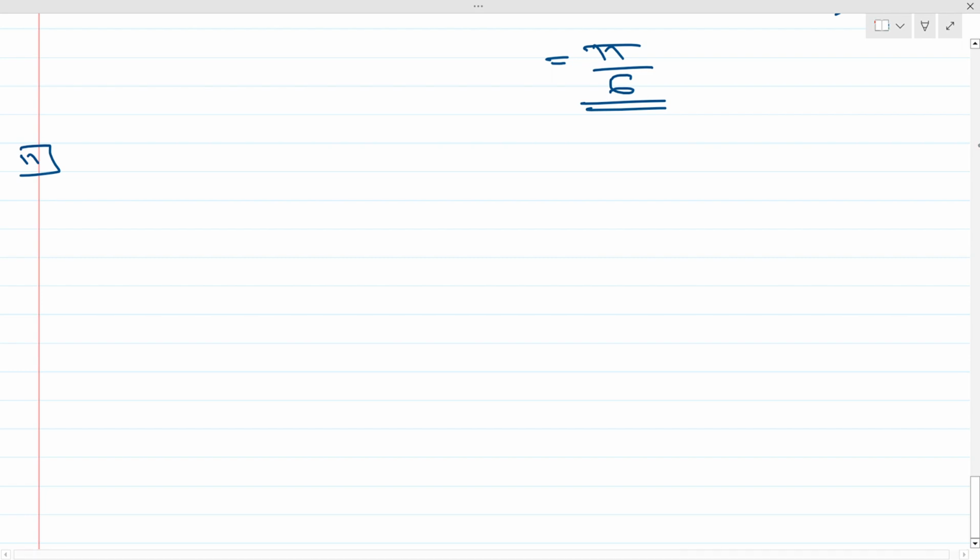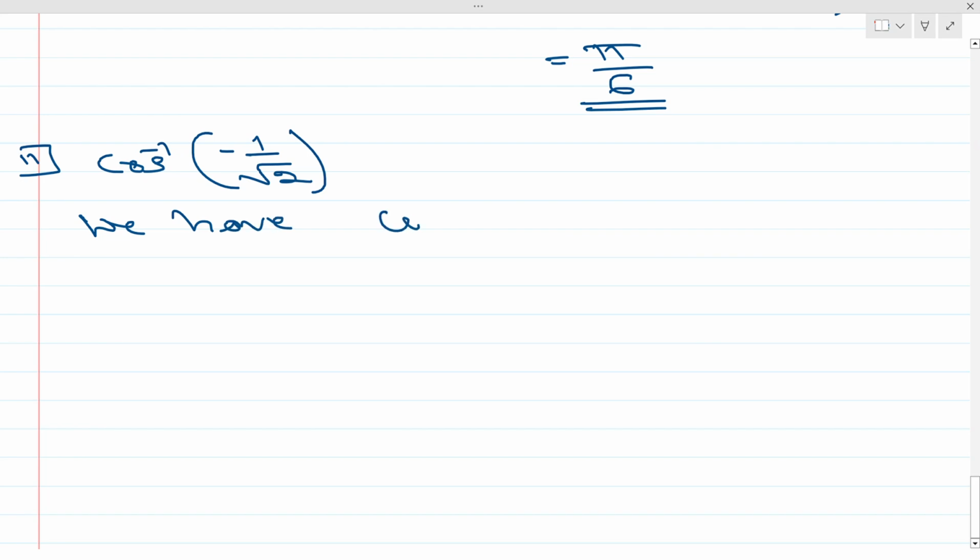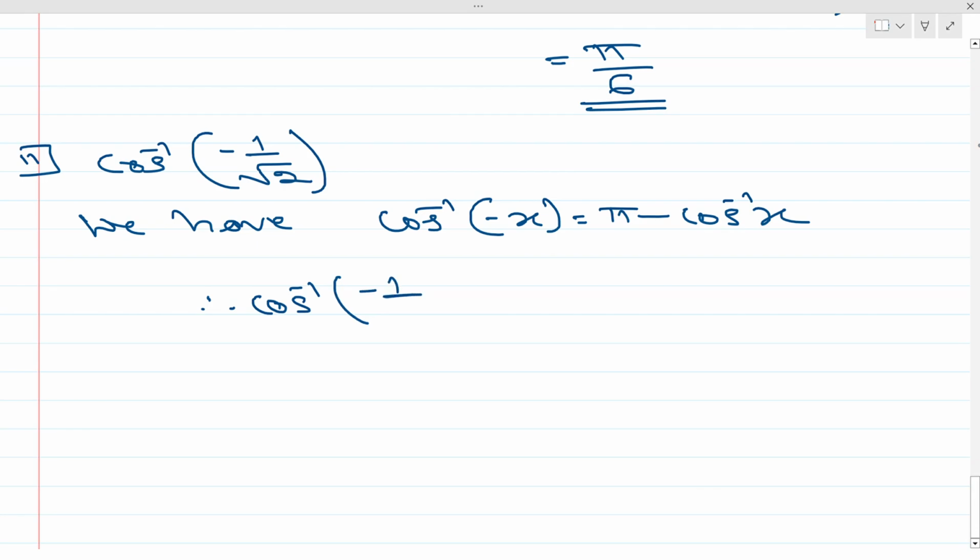Cos inverse minus 1 by root 2. As we have cos inverse minus x as pi minus cos inverse x, therefore cos inverse minus 1 by root 2 goes pi minus cos inverse 1 by root 2.